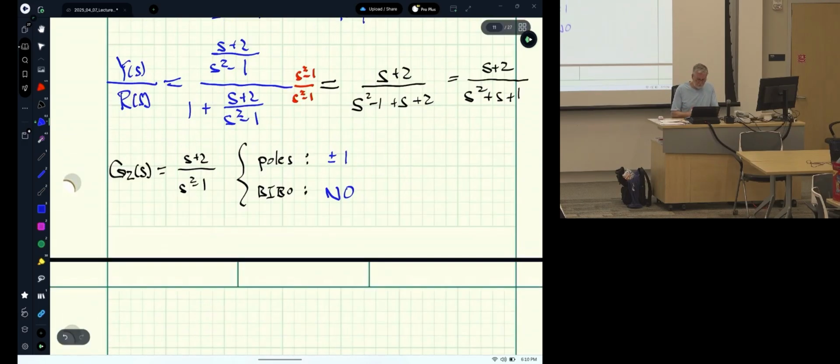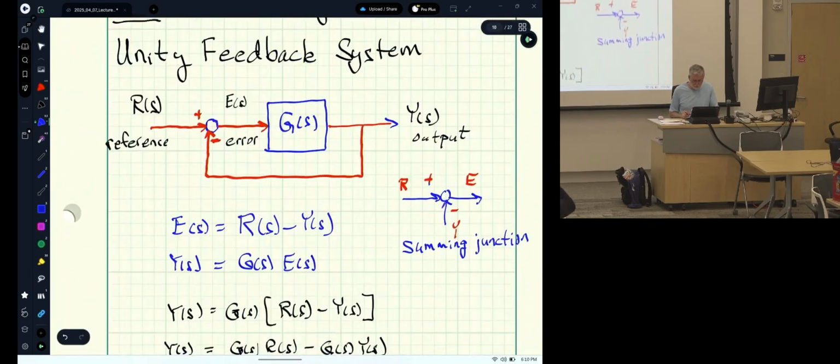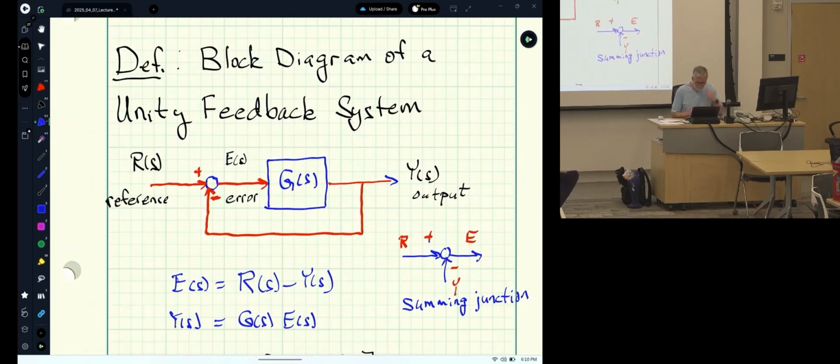So when we come back to the system, there's a little bit of vocabulary that I probably should have covered. Suppose I break this loop, so it's not there. So it's just the reference going in and coming out.